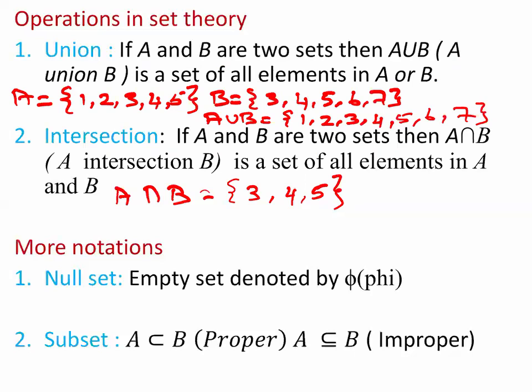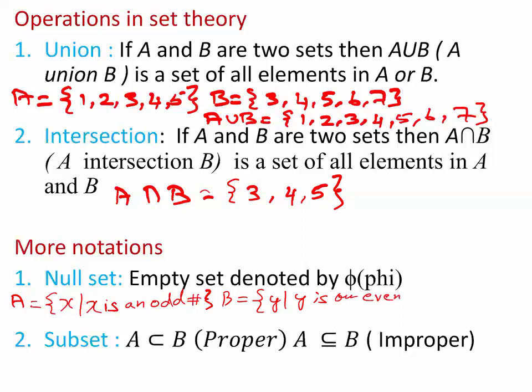We have more notations, where this is a null set. Null set is an empty set which is denoted by phi, the Greek letter. For example, if you define A to be the set of all x such that x is an odd number, and B to be the set of all y such that y is an even number, then if you take the intersection of these two sets, A intersection B would be a null set.